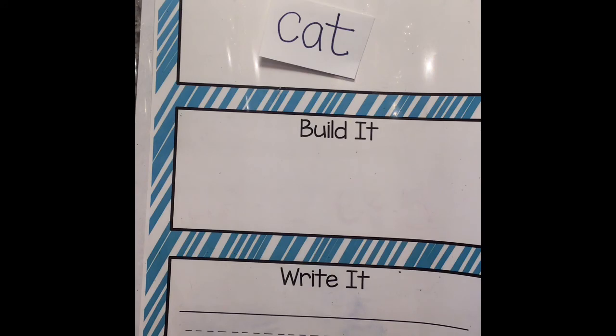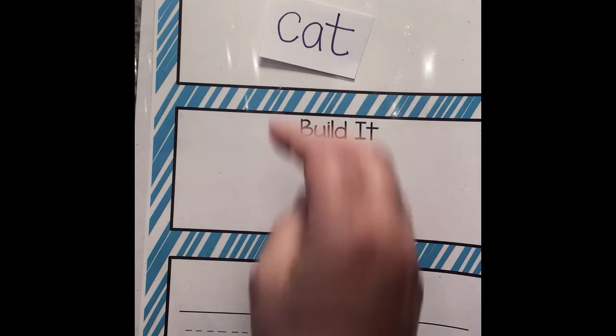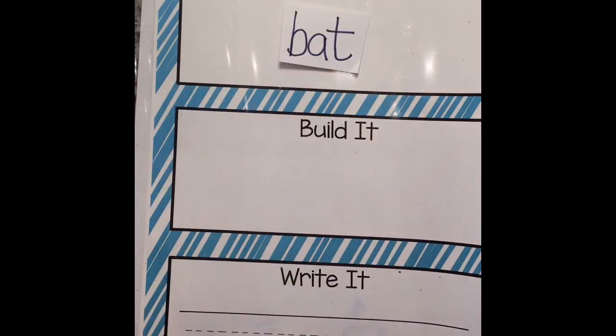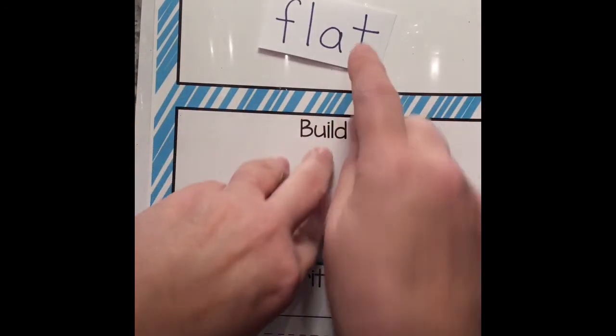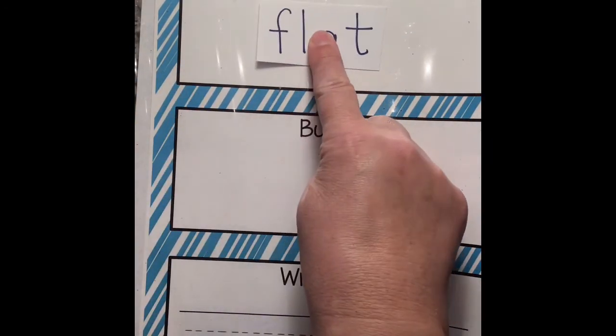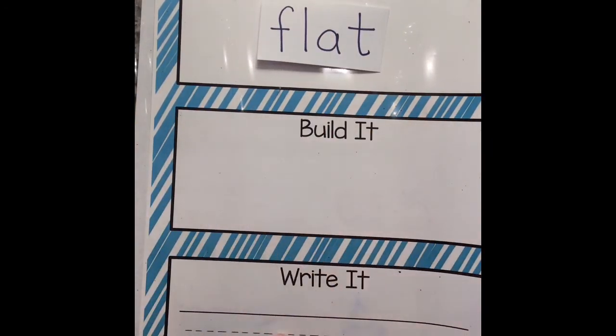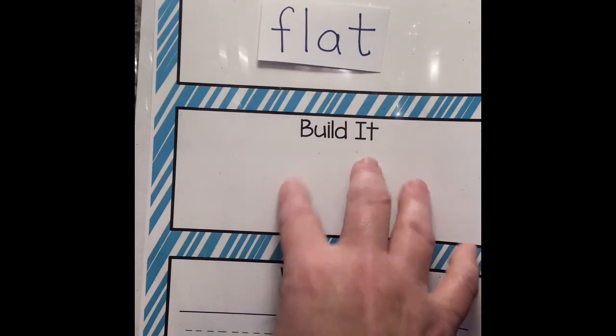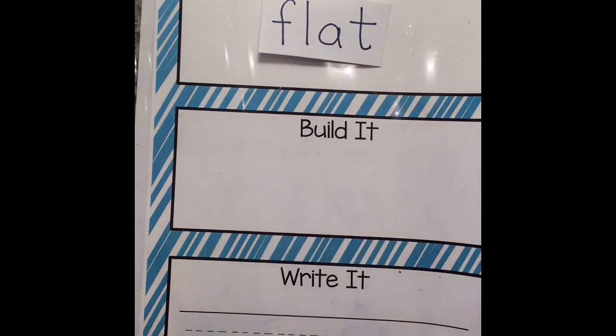And we can see them doing that instead of having them just create it once on a worksheet. We can then go through all the words the child has. So we can go to bat and flat. This is just a nice way of practicing kids reading the word and also making it and writing it. So we see production as well as recognition.